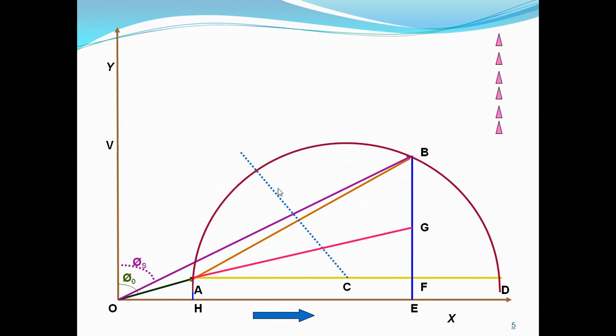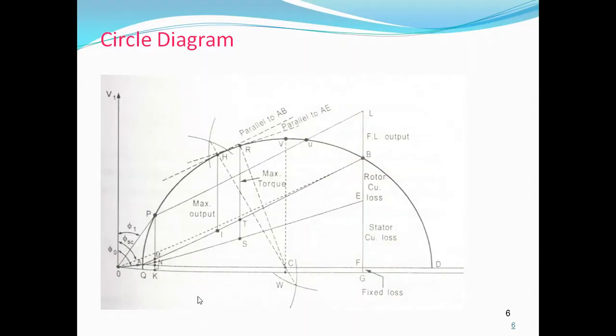Next, after drawing this, we first have to calculate the power scale. The distance AH we have to measure in centimeters. That is W naught, and power scale is 1 centimeter equal to W naught by AH in centimeters. That gives the power scale.